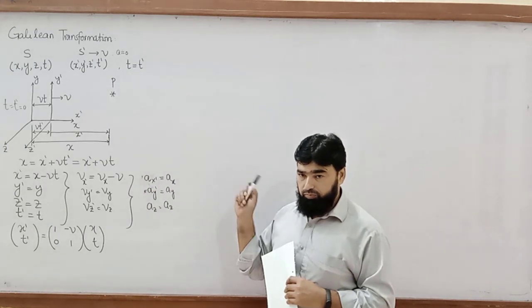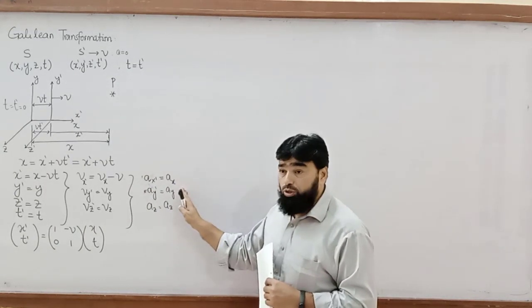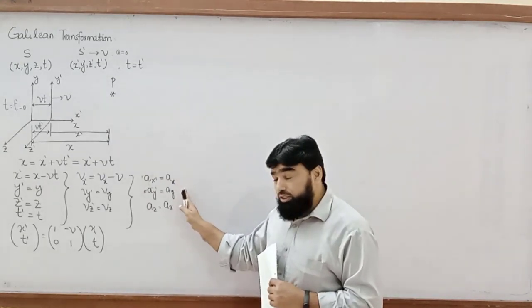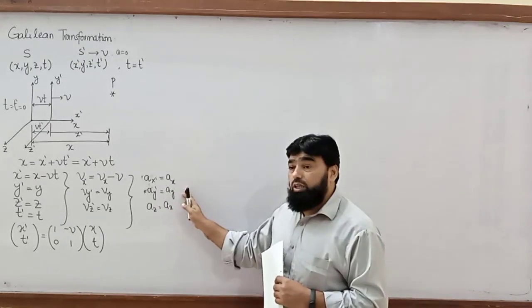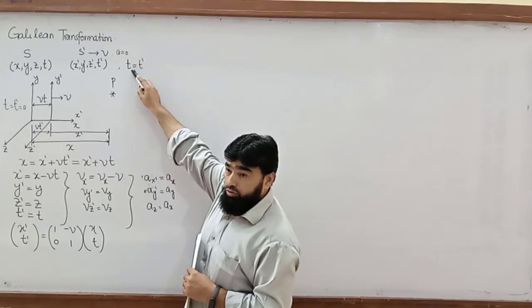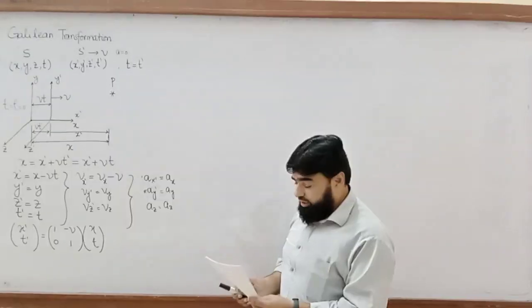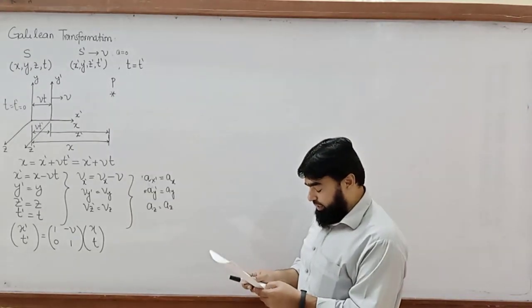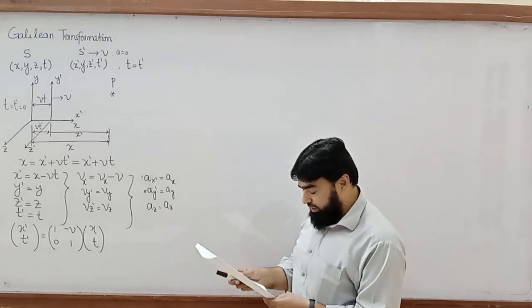You got it? Yes. So here note this point, that this thing actually is coming out due to this assumption, that we say that time in the moving and the rest frame will be the same.